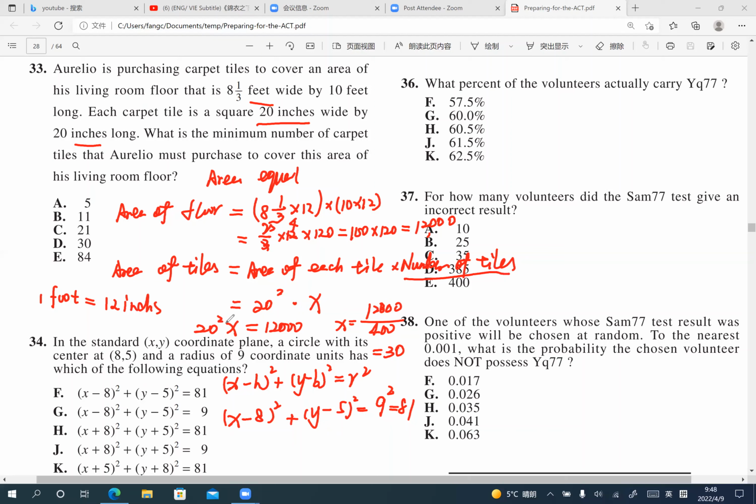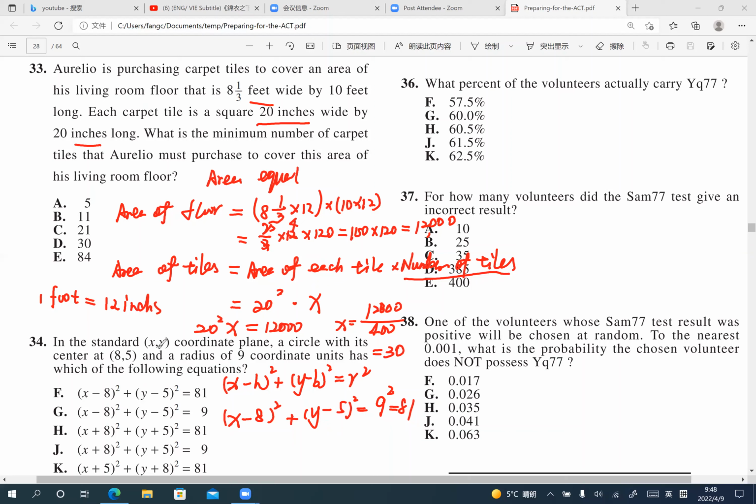So 20 squared times x should be equal to 12,000. So x should be equal to 12,000 divided by 20 squared, which is 400. So x should be equal to 30. Question 33, we should choose option D.